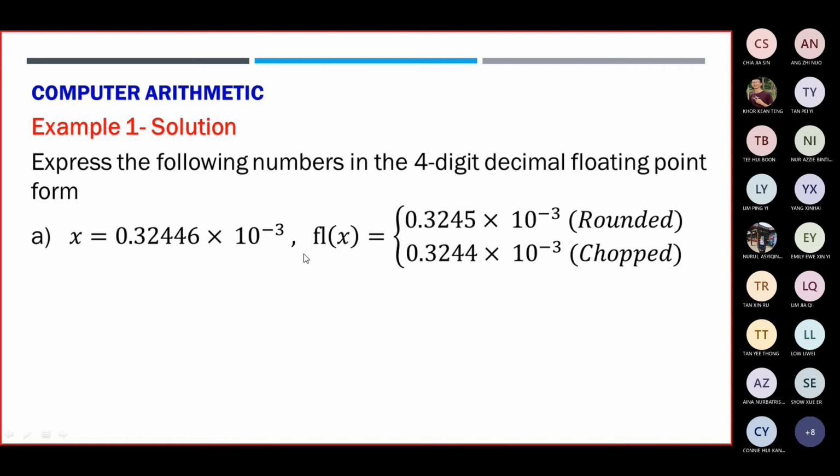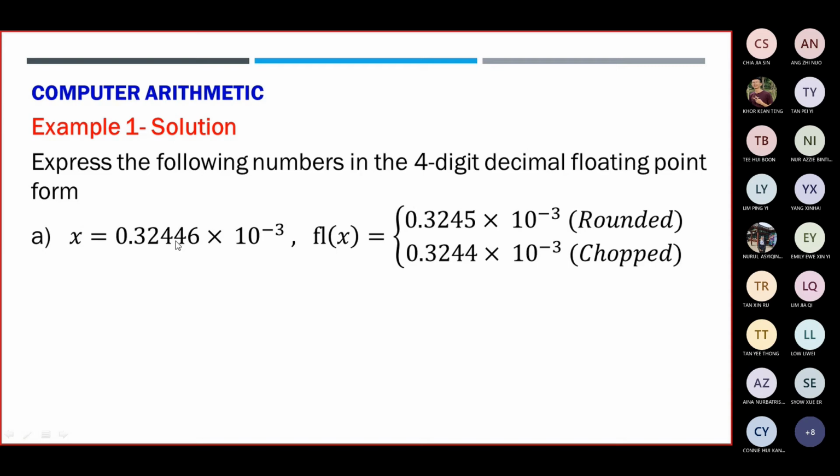For the rounded off form, it is based on 4 digits. The given number is x equals 0.32446 times 10 to the power of minus 3. Since the requirement is 4 digits, we only consider 1, 2, 3, 4.